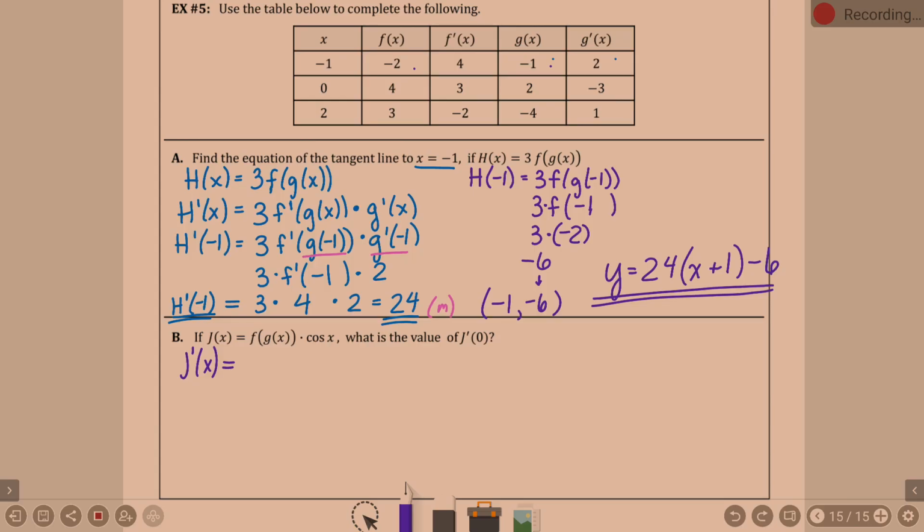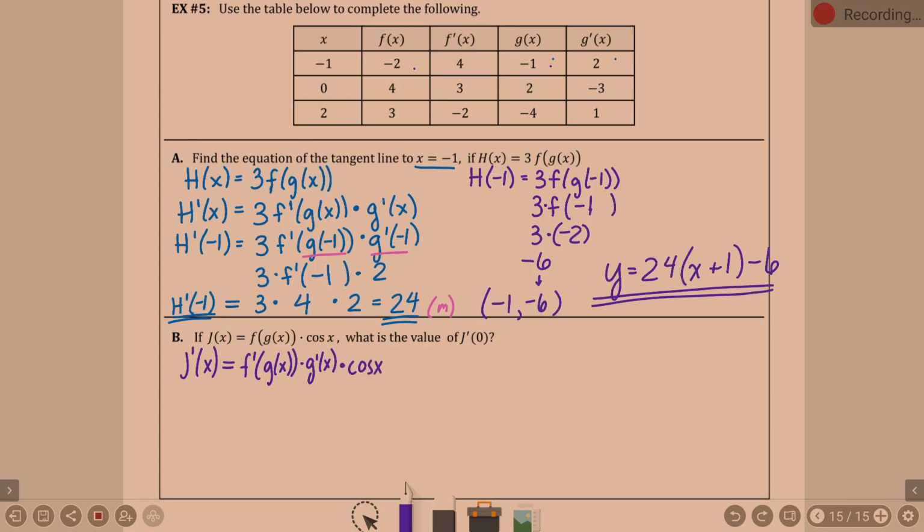Yeah. Okay, so if we start with derivative of f of g of x, derivative of f of g of x is going to be written down as what? f prime of g of x times g prime of x. So the derivative of f of g of x is the outside, f prime of g of x, keeping the inside, times the inside derivative, g prime of x, times cosine x.